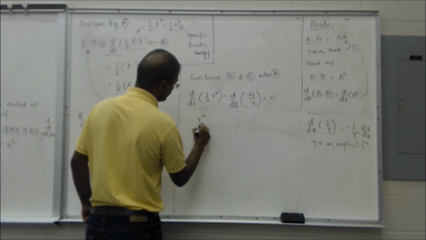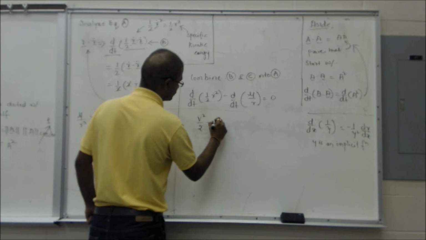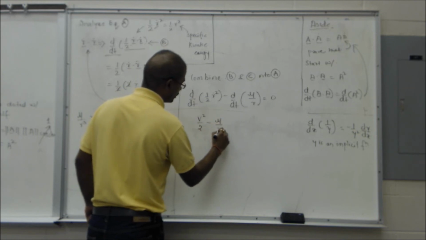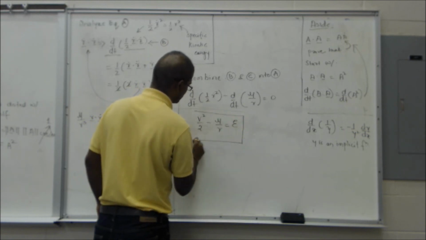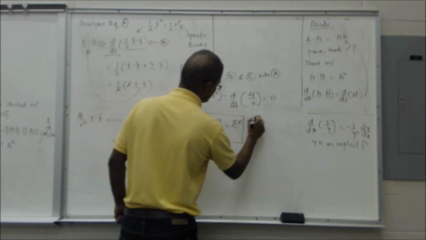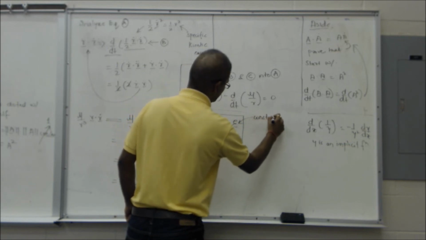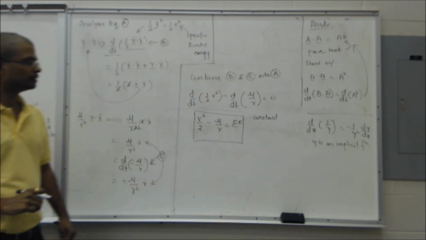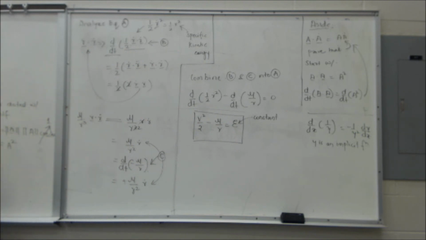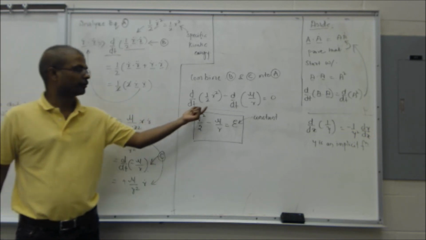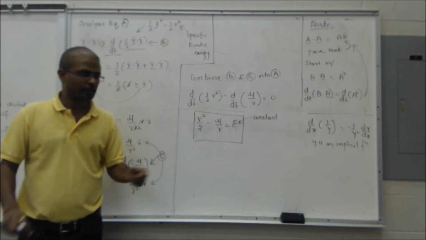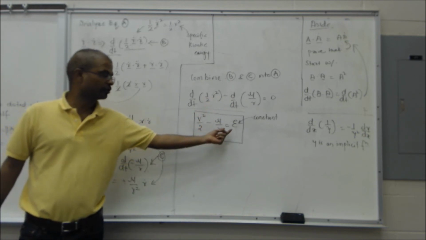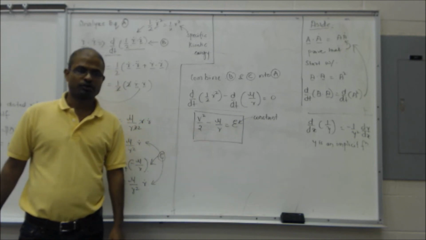d square over 2 minus mu over r equal to... Again, what I'm using here is that if the derivative of something is 0, then that something is a constant, and the constant is denoted by capital epsilon.